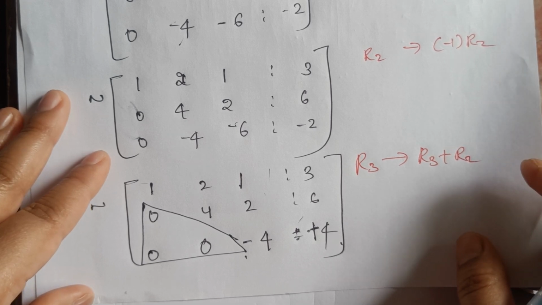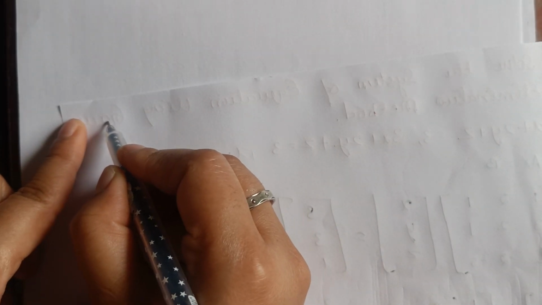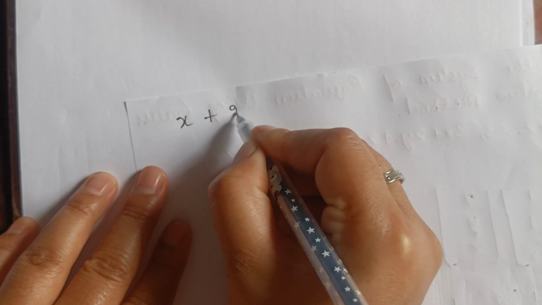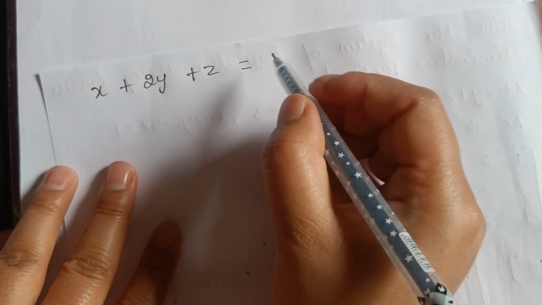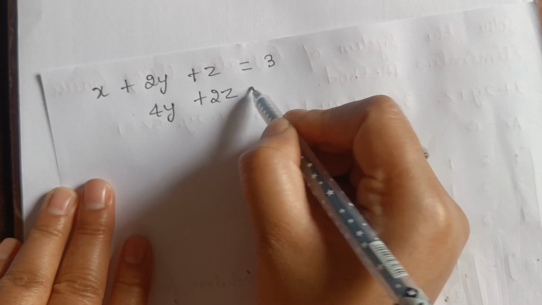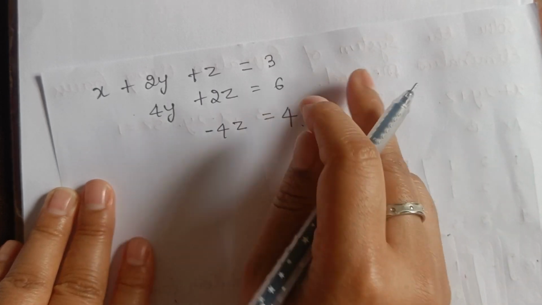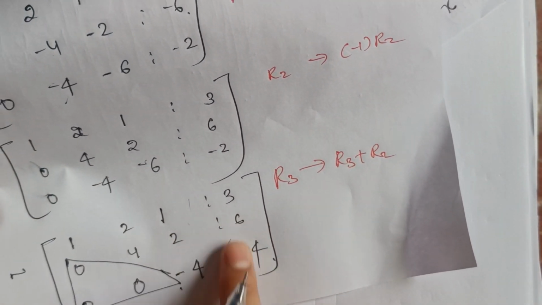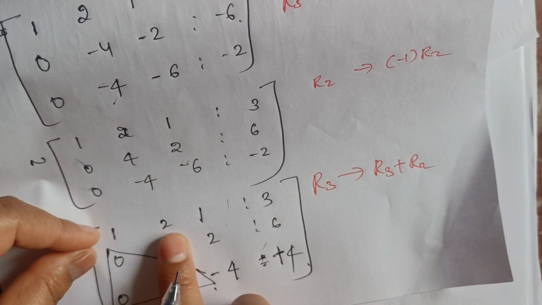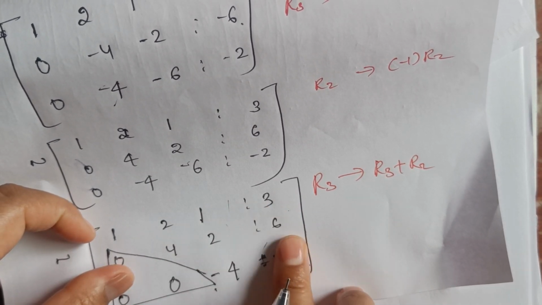From the reduced upper triangular form, I have x plus 2y plus z equals 3, 4y plus 2z equals 6, and minus 4z equals 4. So using that, I have found these equations.